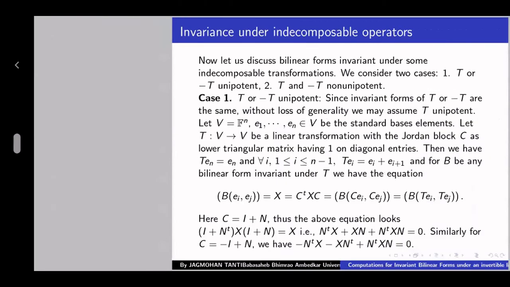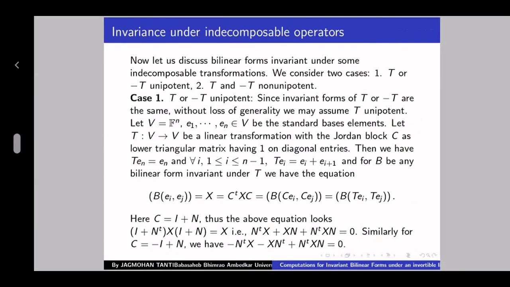Then we are talking about invariance under indecomposable operators. Under indecomposable operators, we are taking T to be unipotent, means eigenvalues should be 1 only. If we take basis E1 up to En for V, the Jordan block of T looks like a lower triangular matrix having 1 on the diagonal entries.